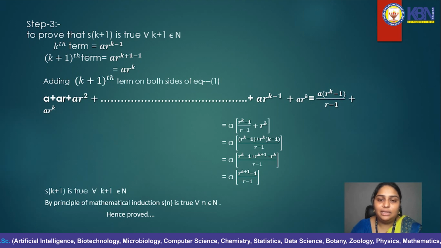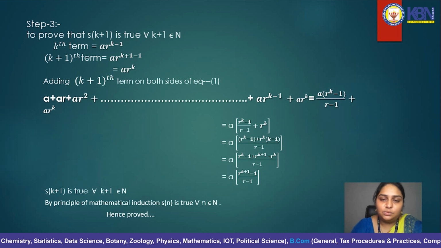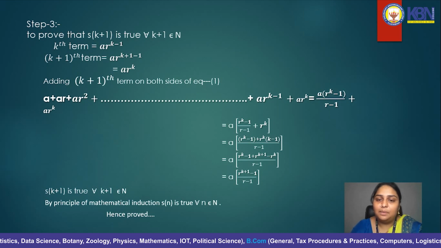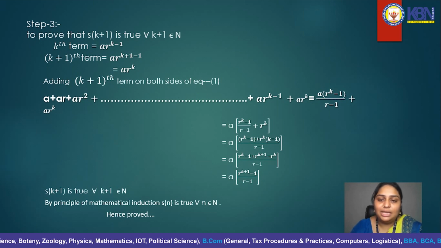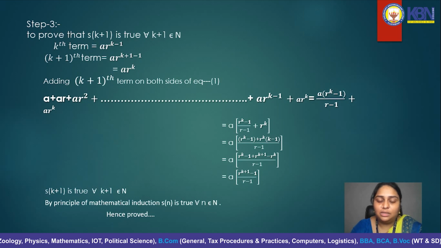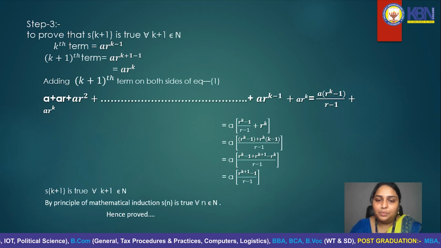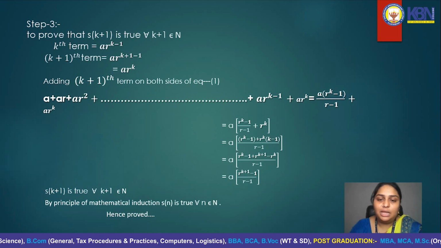Then we get a into r power k minus 1 by r minus 1 plus a into r power k. Taking a as common, we get a into r power k minus 1 by r minus 1 plus r power k. Now we take the LCM r minus 1. Then we get a into r power k minus 1 plus r power k into r minus 1 by r minus 1.